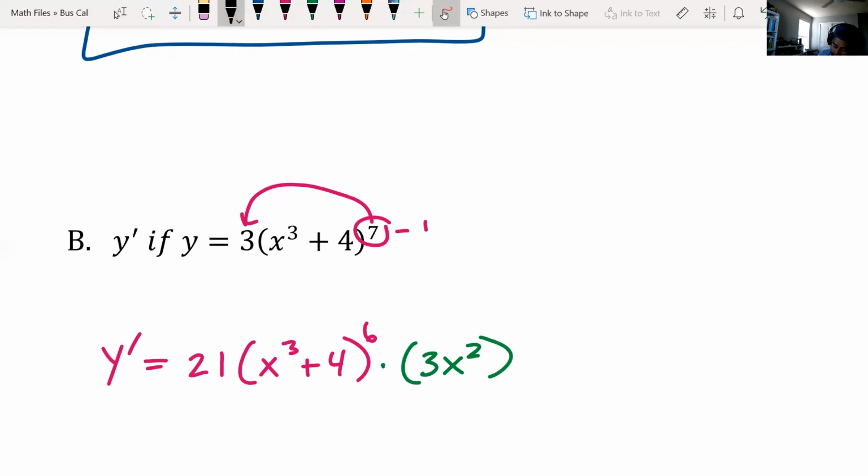And now I'm just going to multiply these two numbers together.